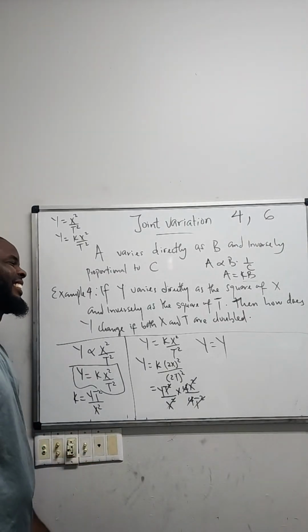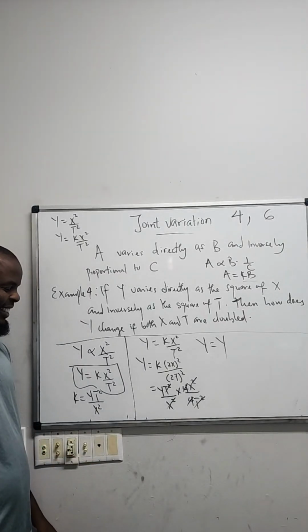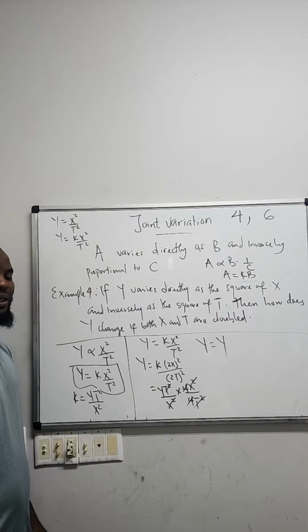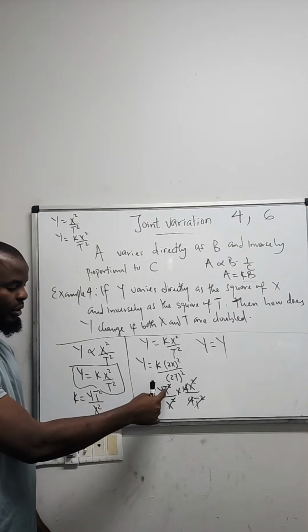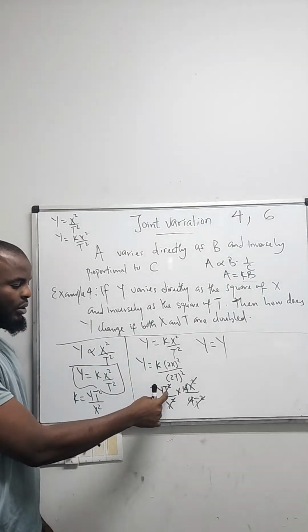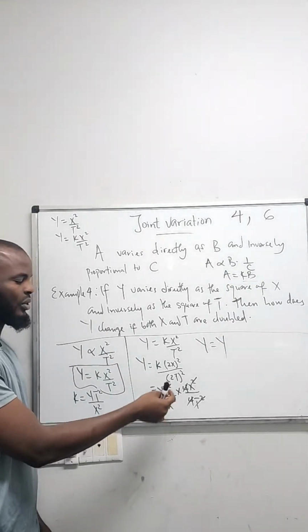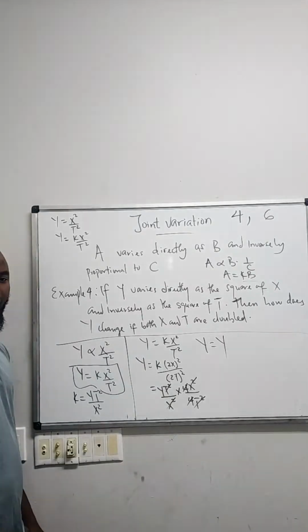What you want to see is how y changes, but here y is not changing. Even if your t is doubled and your x is doubled, it still cancels out, and you still have y. y is not changing.